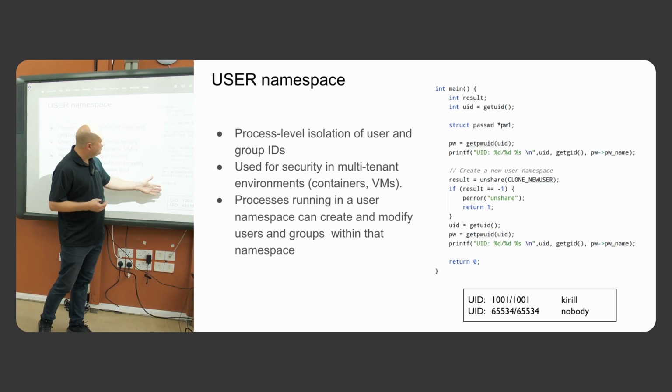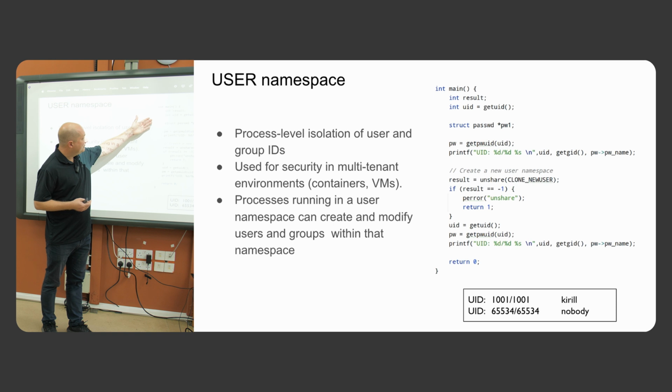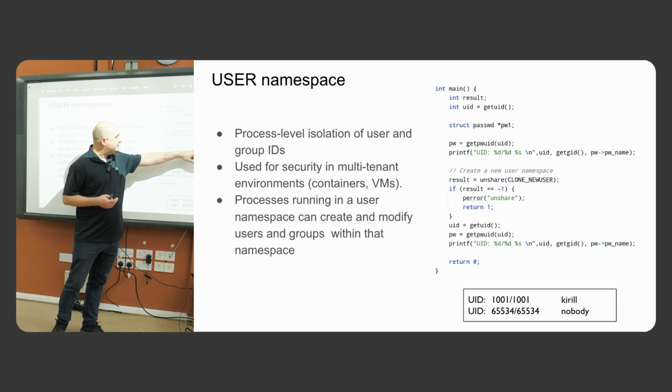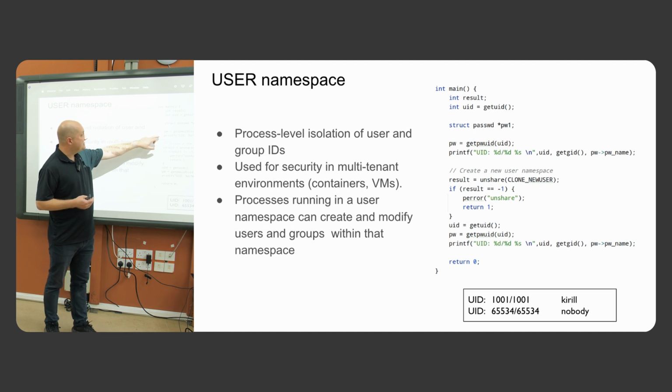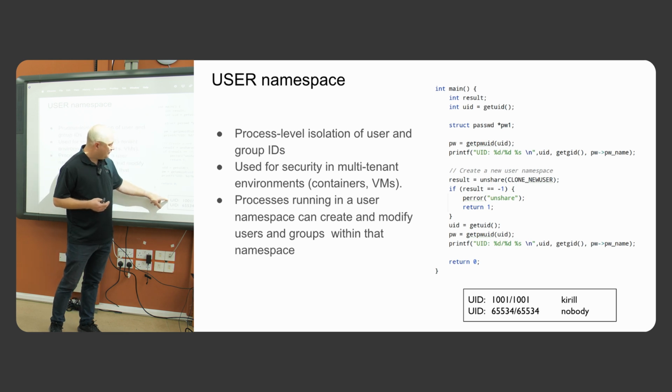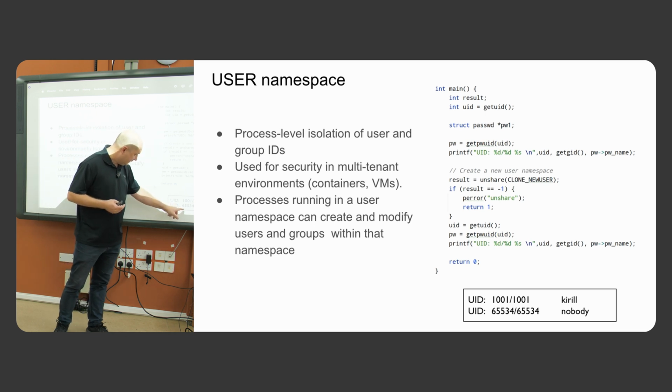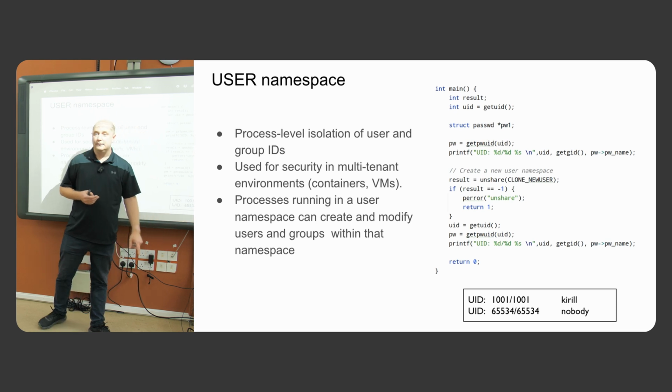Have a look at this code. This is just, you know, the same unshare, right? It prints user ID, group ID, and username. This is here. And after unsharing, I do the same. But I see that the user ID is something strange and I am nobody.